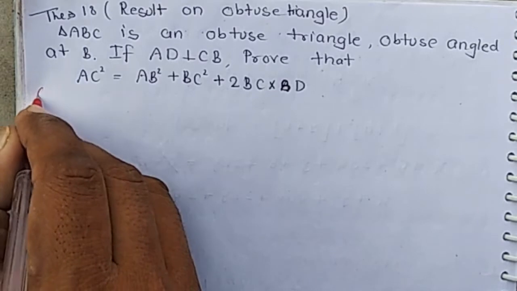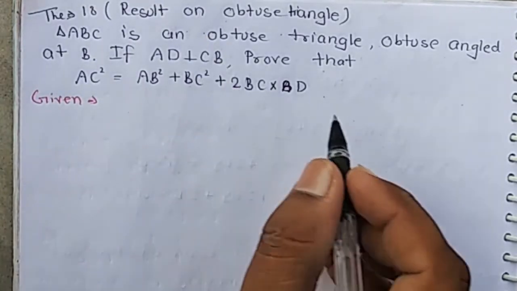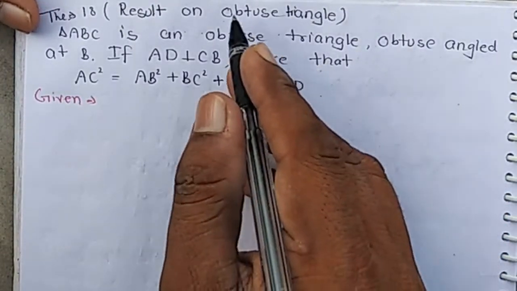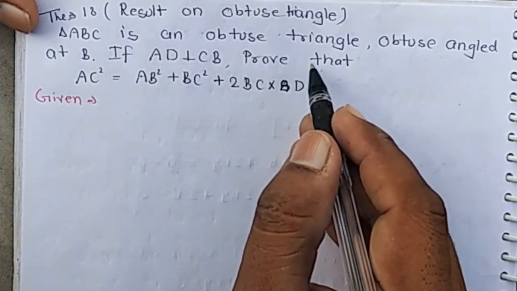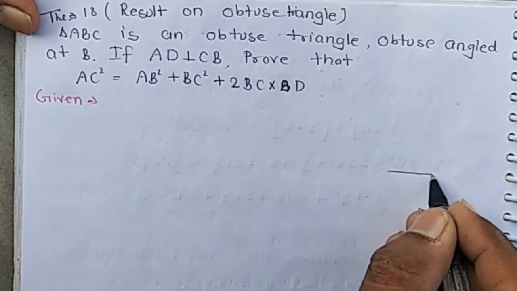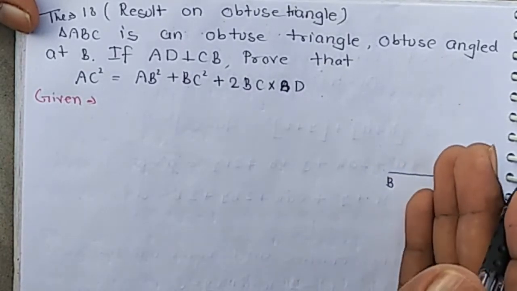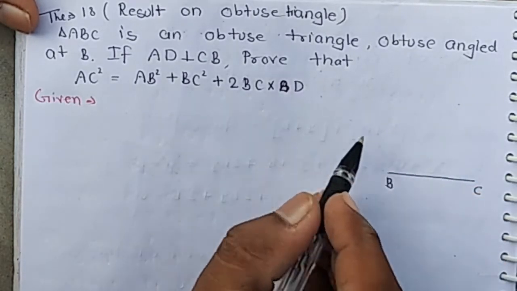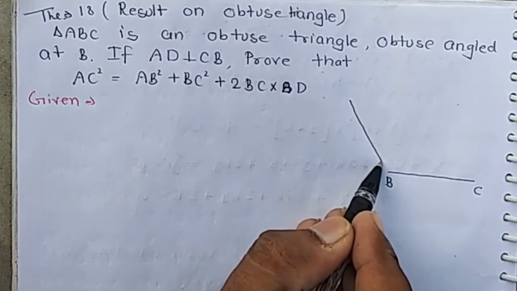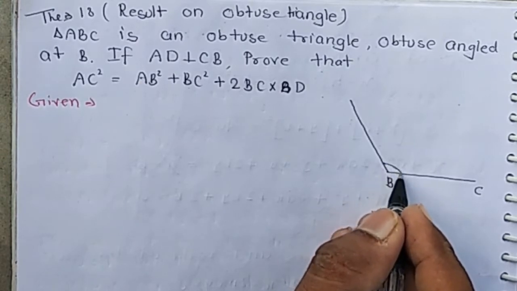Given. Firstly, since triangle ABC is an obtuse triangle, an obtuse angle means greater than 90 degrees and less than 180 degrees. That is, triangle ABC is an obtuse angle triangle.